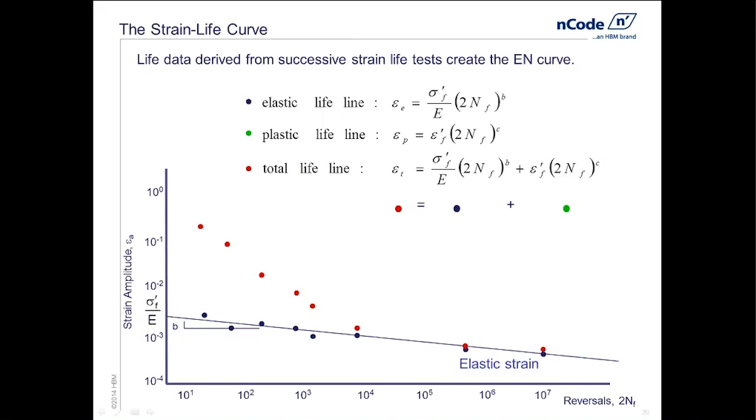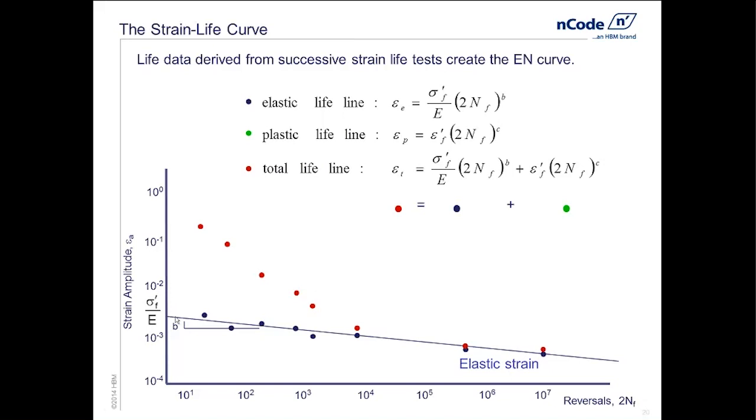One is B, which is the slope of this elastic line, and the other is the intercept. The intercept is described in stress because it's elastic. We're just dividing it by E, so it goes on the strain axis, which is the vertical axis. So the sigma F prime and B are the parameters for the high cycle behavior.